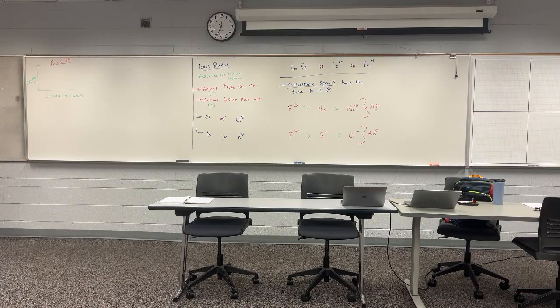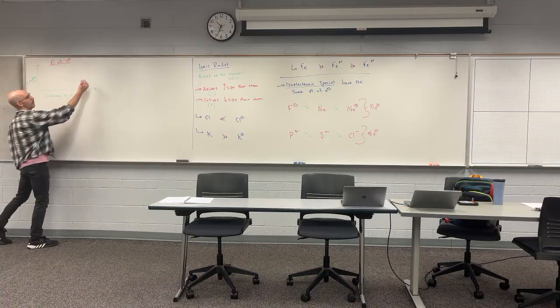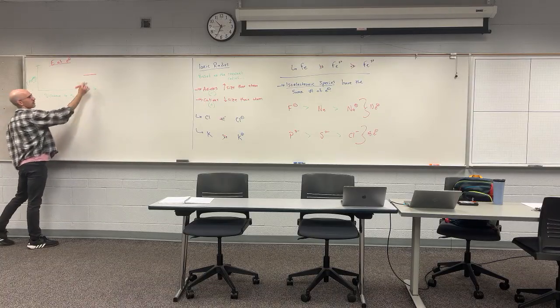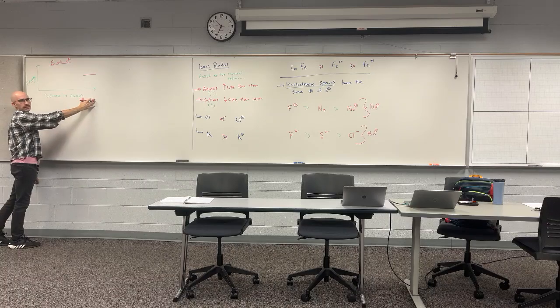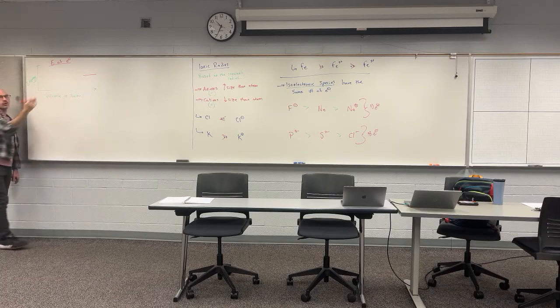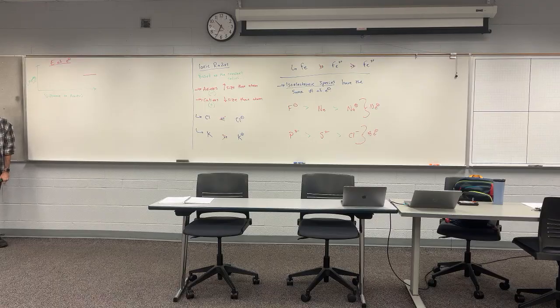This graph is going to come back in our next unit as well, so I'm introducing it now so that we see it again later. An electron has some energy when it's very far away from the nucleus. This is our ground state of the electron. But why do electrons want to be near atoms?